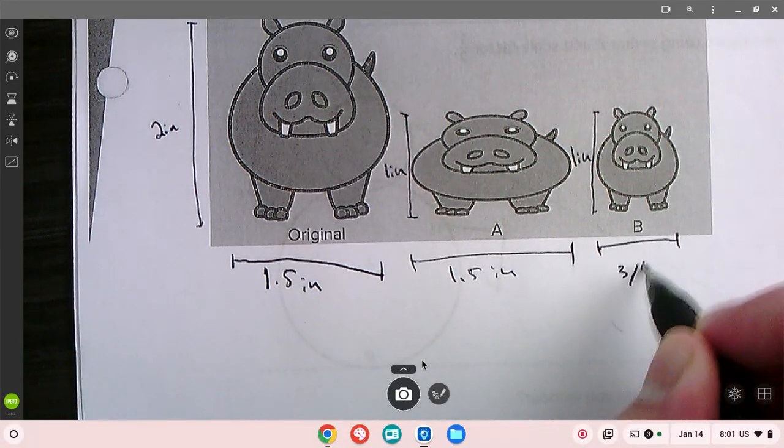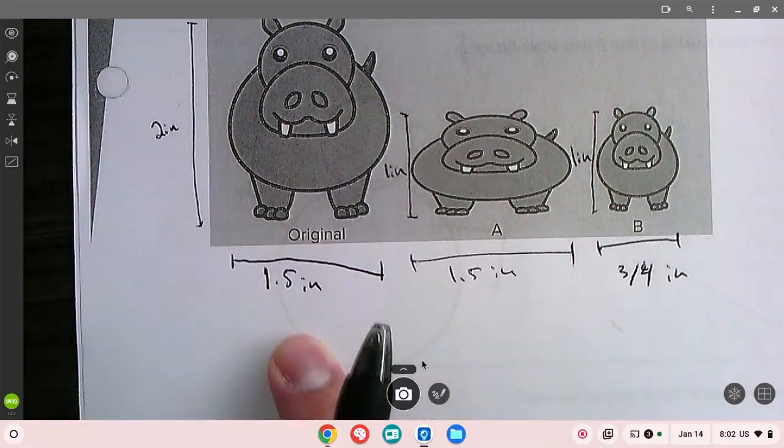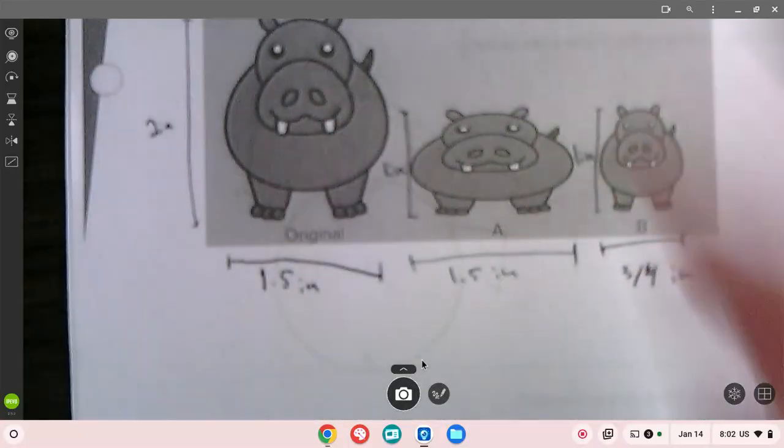So we have 2, 1.5, 1.5, and 3/4. This way we can really tell what has been distorted. Which one has the most obscure ratios of lengths? This is 2 to 1.5, this is 1 to 1.5, and this is 1 to 3/4.